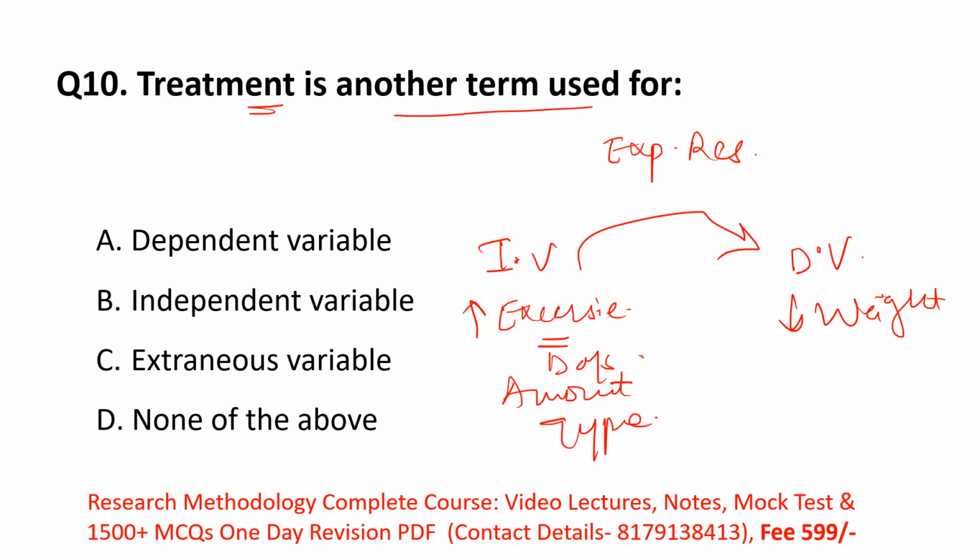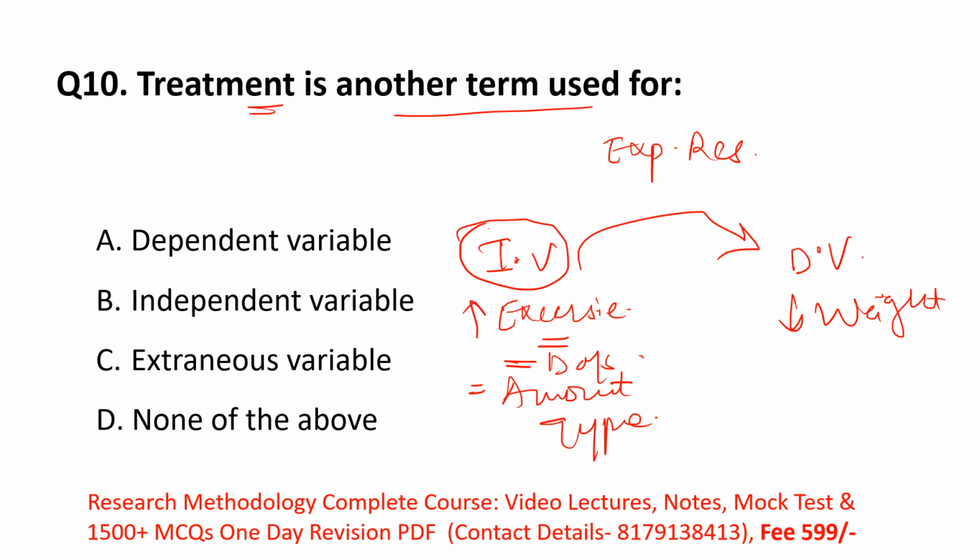So here, as you can see, I am giving treatment to my independent variable because I am changing it. First of all, I see how many days I am doing exercise, Monday to Friday or Monday to Sunday. Next, the amount of exercise, how many hours I am exercising, 1 hour, 2 hours, 3 hours or 4 hours.